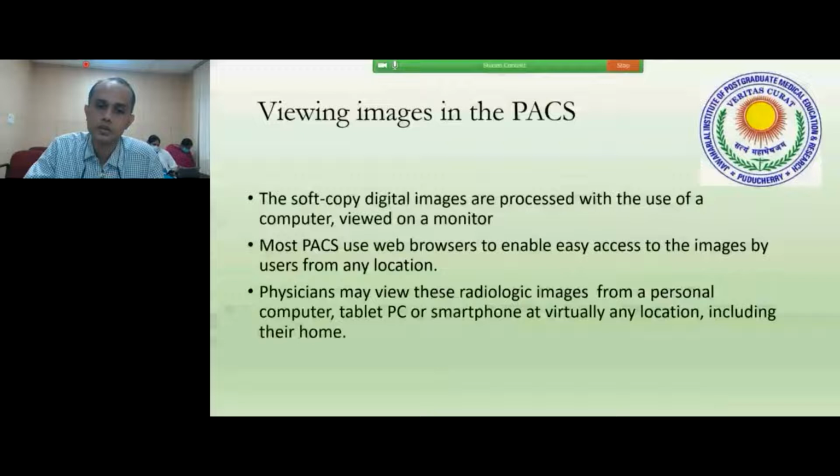One can use the routine web browser that is available in the PACS to access the images in any location. Because of the web browser facility, physicians may even access the PACS in their personal computer or even tablet or even smartphone at virtually any location, and sometimes it can be enabled even off-site from their home also. They can access. This is especially important for emergency radiology viewing.